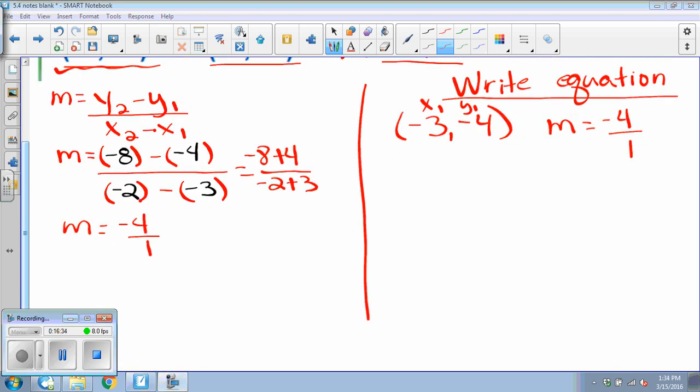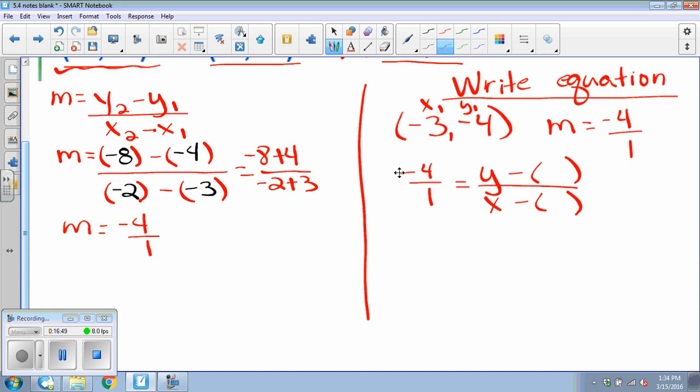No? Okay, let's look. Okay, so you should have m, which is negative 4 over 1, equals y minus something over x minus something. So it's y minus negative 4 over x minus negative 3. So that's negative 4 over 1 equals y plus 4 over x plus 3. Okay? So now we can cross multiply.